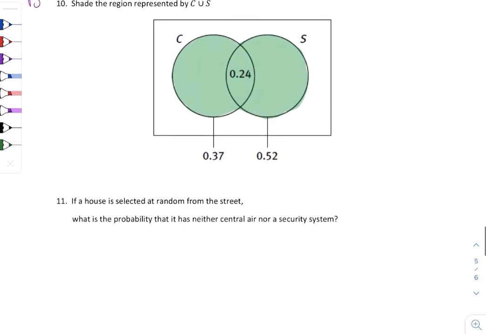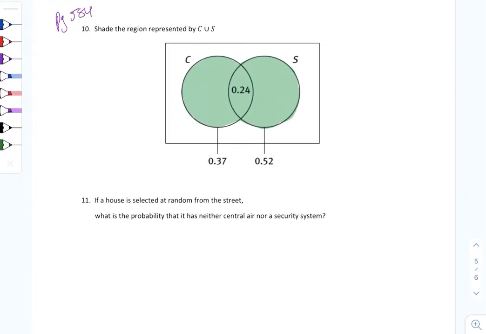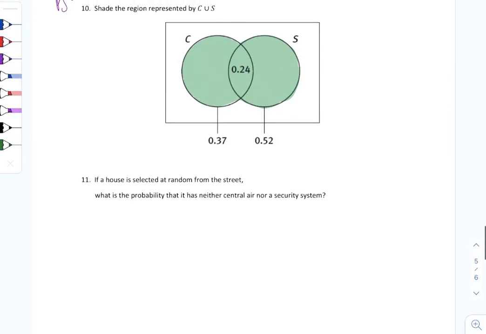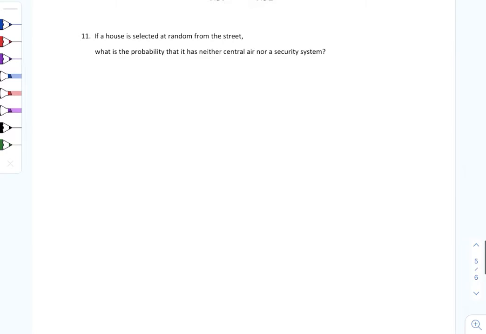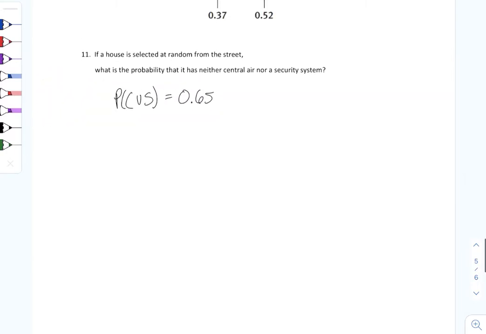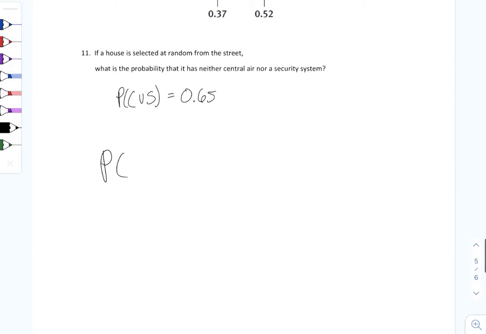If a house is selected at random from the street, what is the probability that it has neither central air nor a security system? We just found this, and what we want to do now is find the complement of it.